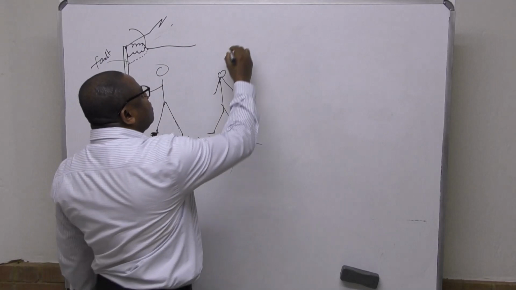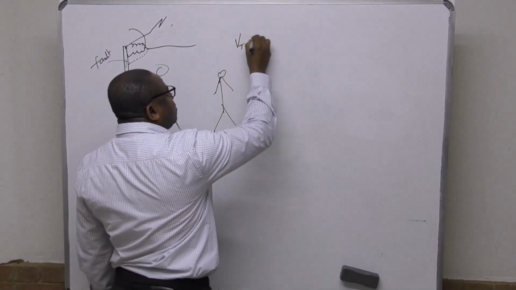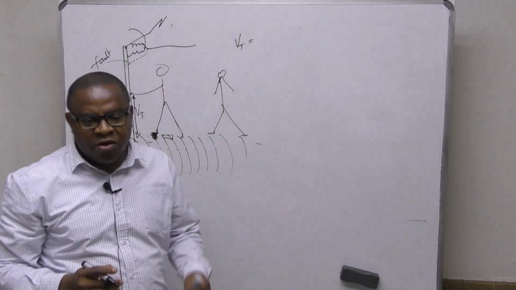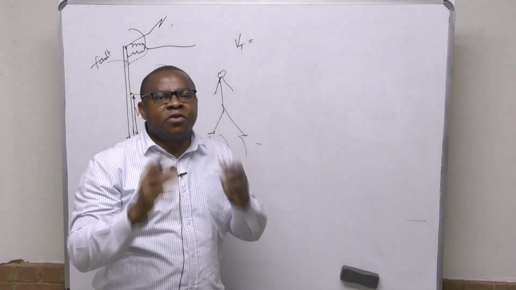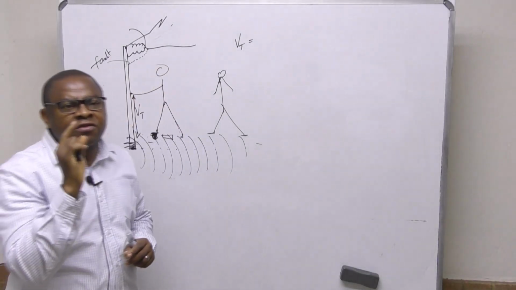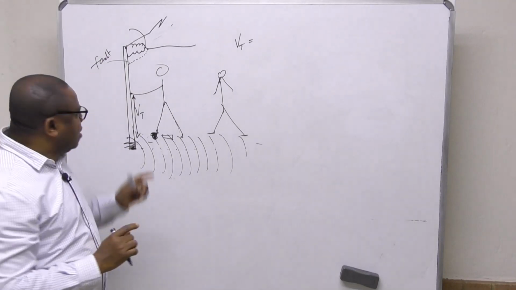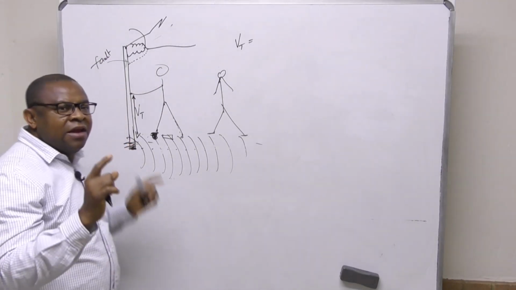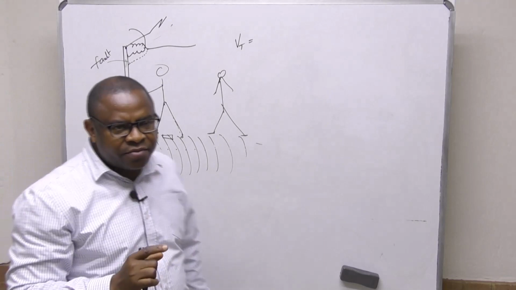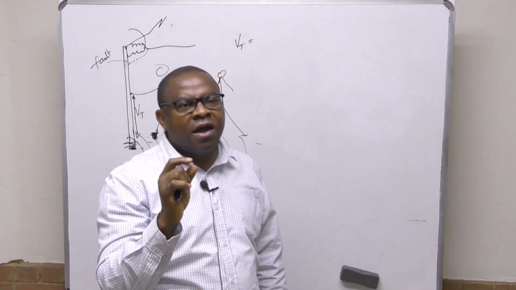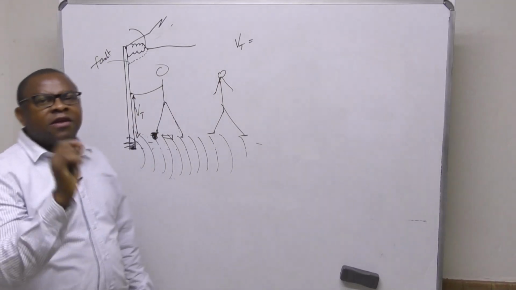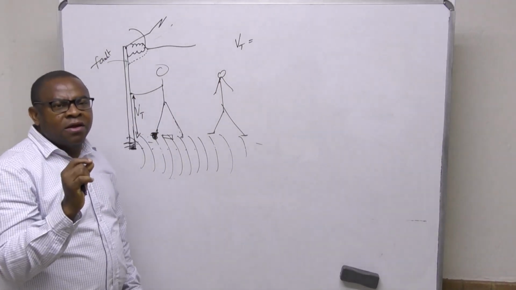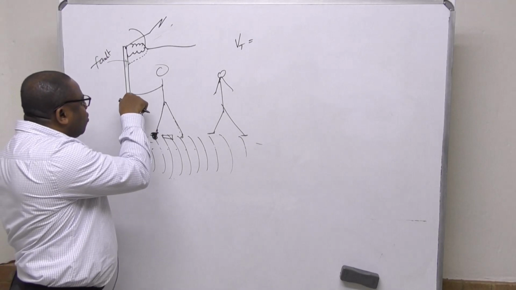So V touch, your touch voltage, because they say we must clearly describe. This is the difference in potential between the surface potential, which is this, and the potential at earth equipment that a man or someone is standing and touching.